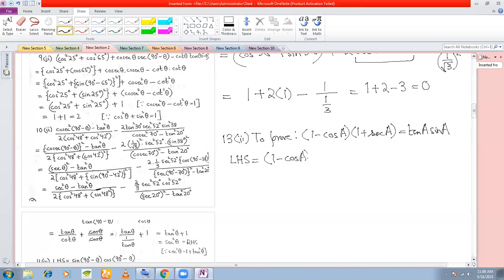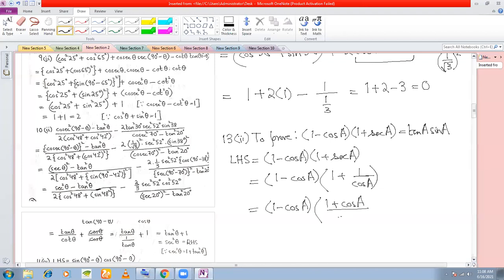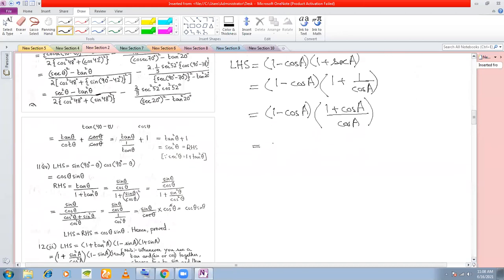1 minus cos A into 1 plus sec A. We change sec to a cos. Take the LCM. So you get 1 plus cos A into 1 minus cos A in the numerator.